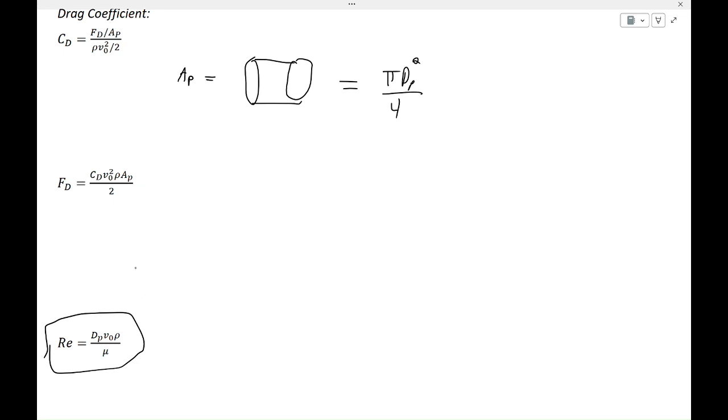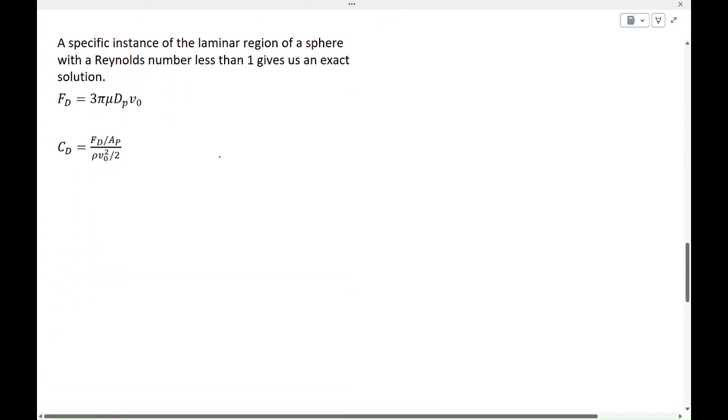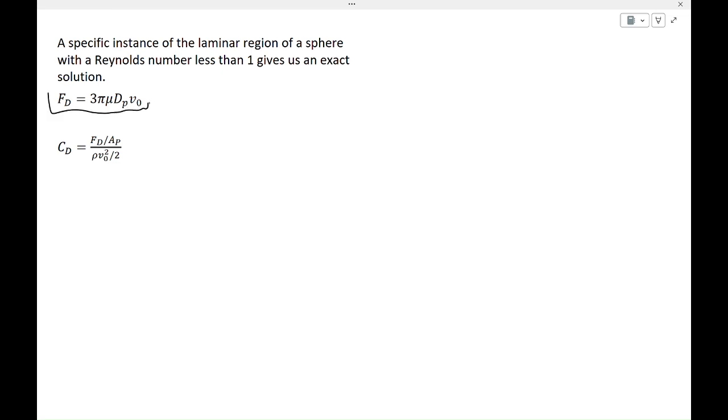And typically the relation between the Reynolds number and the other 2 is not very clean. However, in very specific instances, we can find an exact solution. And this is one of those instances. So when we're looking at the laminar region of a sphere with a Reynolds number less than 1, we get an exact solution. So this solution for force comes from Stokes' law.